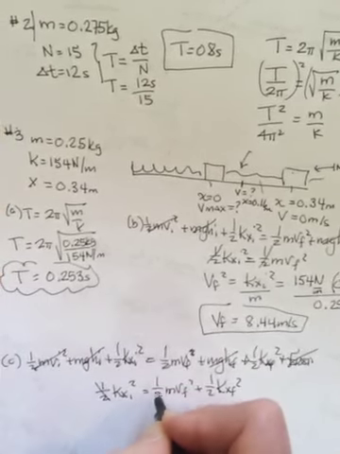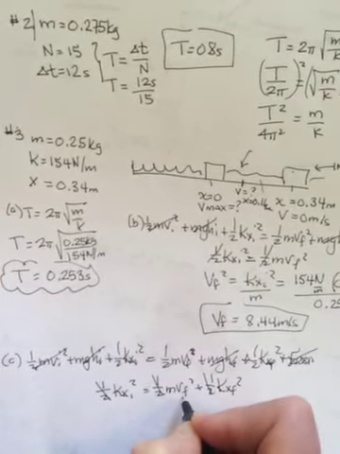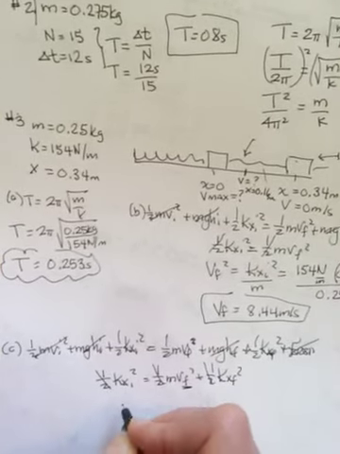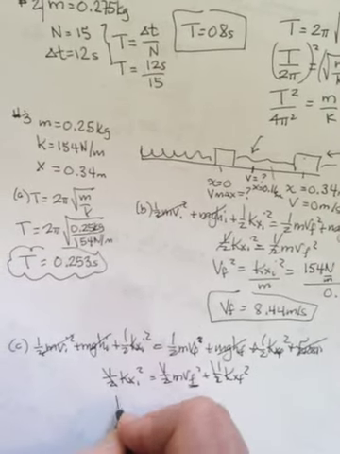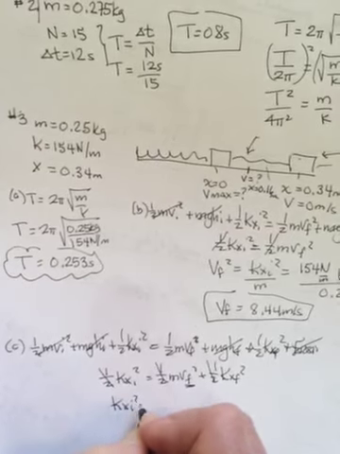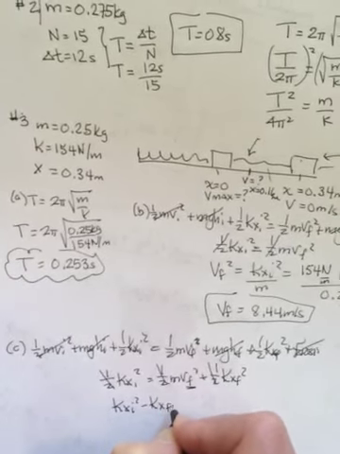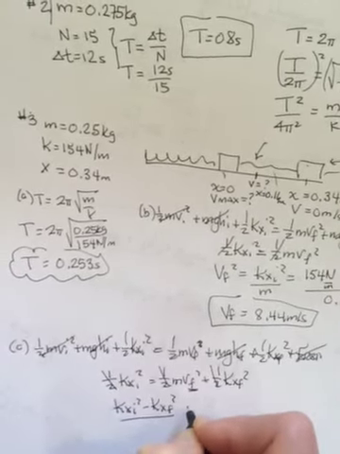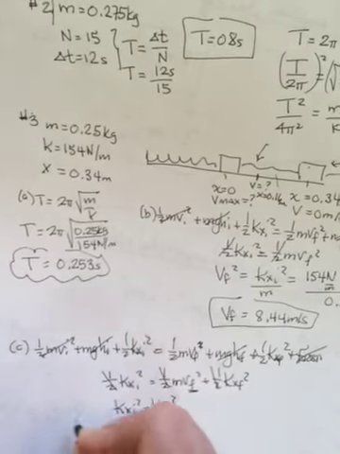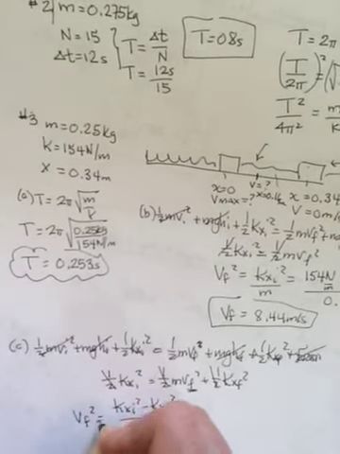The halves will cancel, and I'm looking for the v final, so bring the k x final over. So k times x initial squared minus x final squared, divided by m is going to be our v f squared.